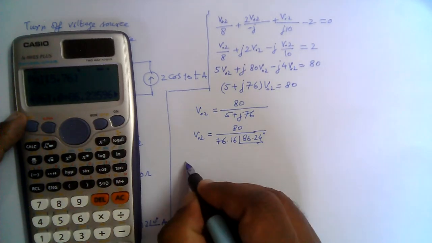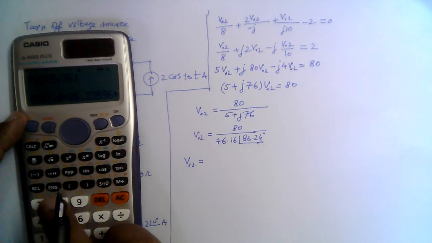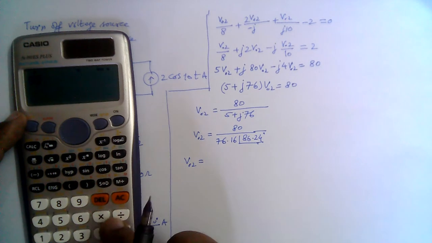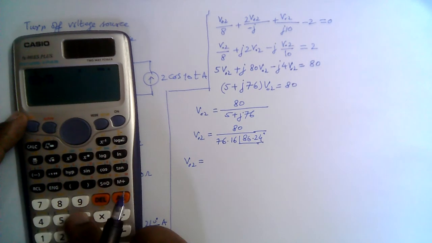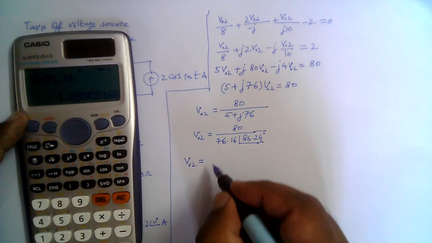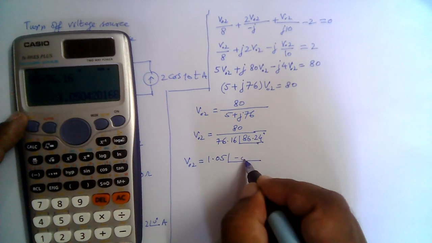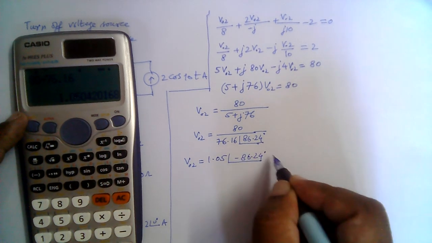So V02 is equal to 80 divided by 76.16, that is 1.05, and angle is minus 86.24 degrees volts.